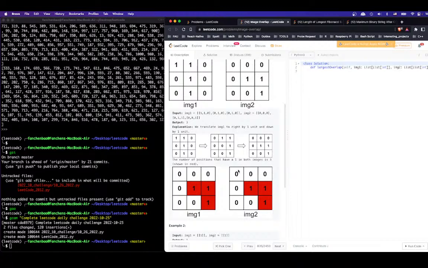So we want the maximum overlap. Definitely it will not be the one with a larger number of ones, right? Because to translate, you only decrease. And then the maximum we can get is the smallest.